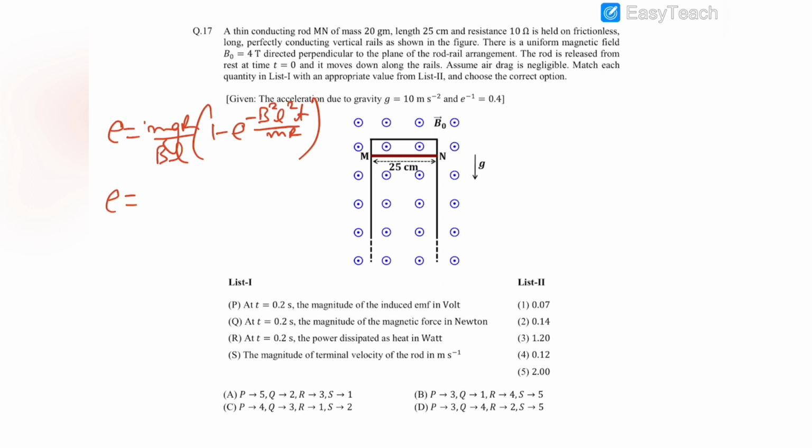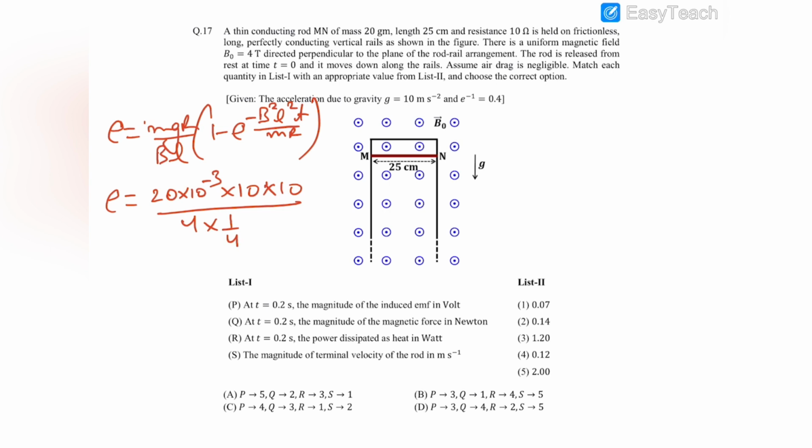So E will be m, which is 20 into 10 raised to the power minus 3, g is 10, the resistance is 10, and B is 4, and the length of the rod is 1 by 4.